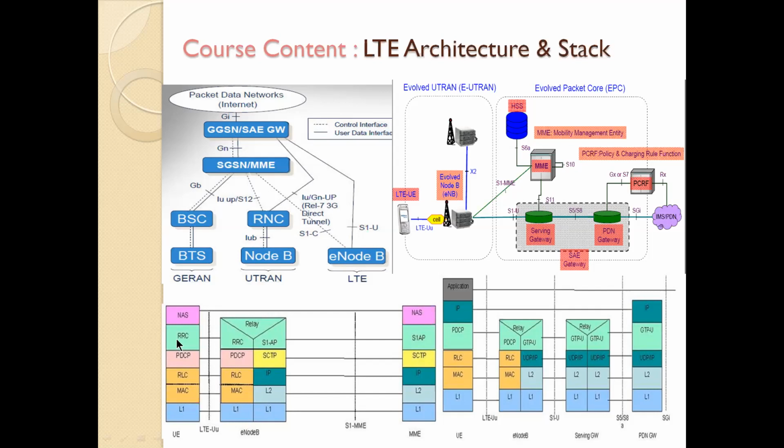We are mainly concerned with the LTE part of the UE and the LTE part of the eNodeB. The eNodeB may have different features as well, and the UE may have features like Bluetooth and Wi-Fi, so a different team will test those. We are concerned with LTE only. We will test the functionality of L1, physical layer, MAC layer, RLC, PDCP, RRC, NAS.